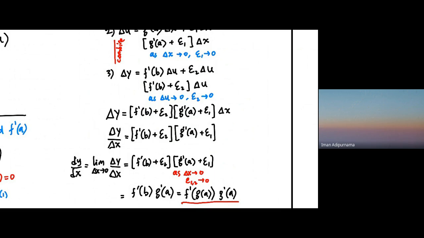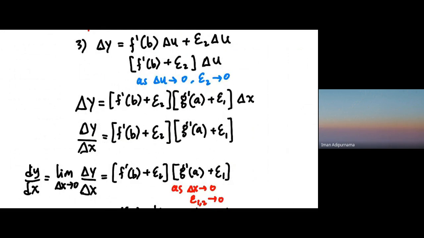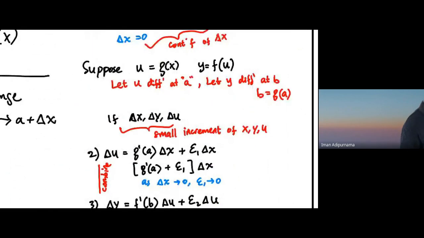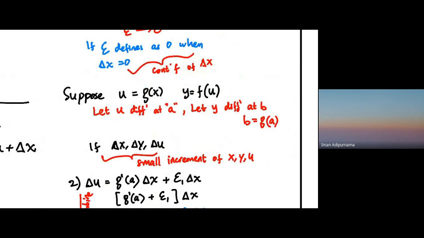This may seem really complex, but actually it is based on what you learn in limit and how to prove how the derivatives work. The important thing is you need to know the connection between these two, and then you put into the delta equations, and you put them all together.